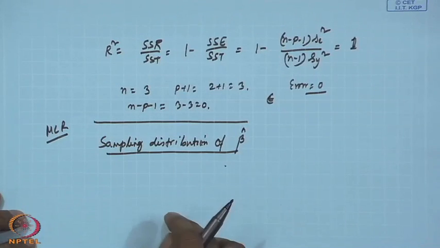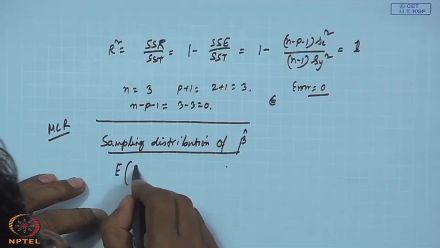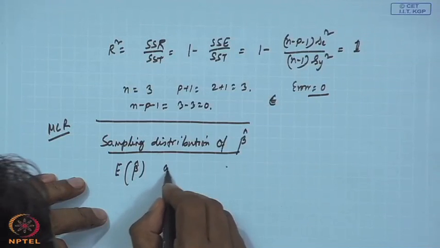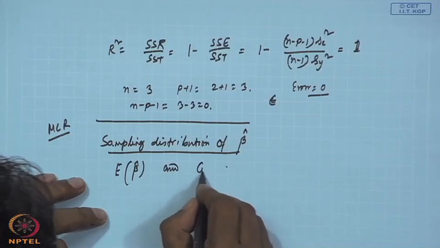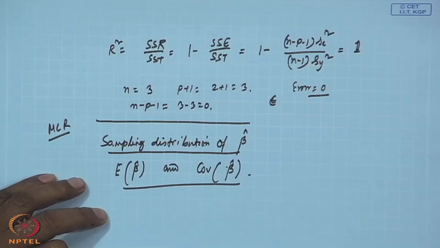So, here, if you want to go for the sampling distribution of beta cap, you must know the expected value of beta cap, and you are also required to know the covariance of beta cap. These two we require to estimate.